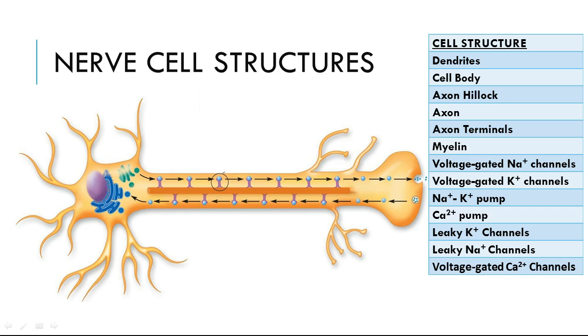The hillock, though, is identified uniquely in that not only are those receptors there, but really there's a very high concentration of voltage-gated sodium channels. So we see our first real concentration of voltage-gated sodium channels here at the hillock.